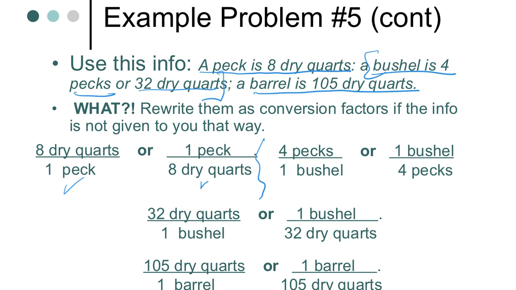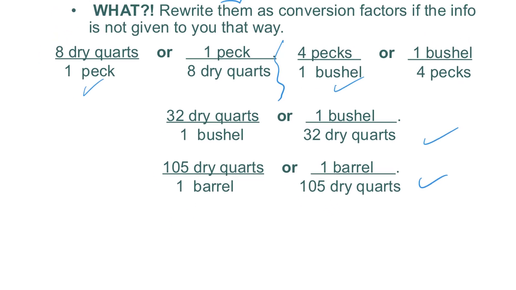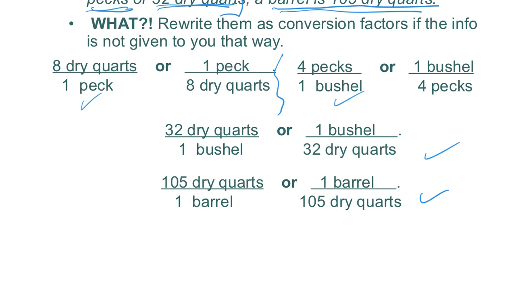Barrel to quarts, bushel to pecks, bushel to quarts, pecks to quarts. If we make those conversion factors, you don't have to write both of them. There's 4 of them. So we should be able to solve this now.